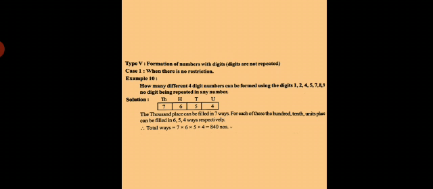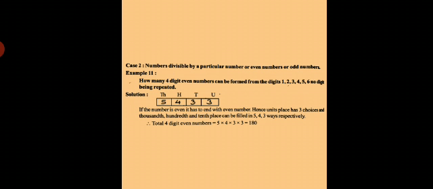The total ways is 7 into 6 into 5 into 4. Multiplying these 4 numbers, you get 840. That means out of these 7 digits, we can write 840 4-digit numbers. Understood?